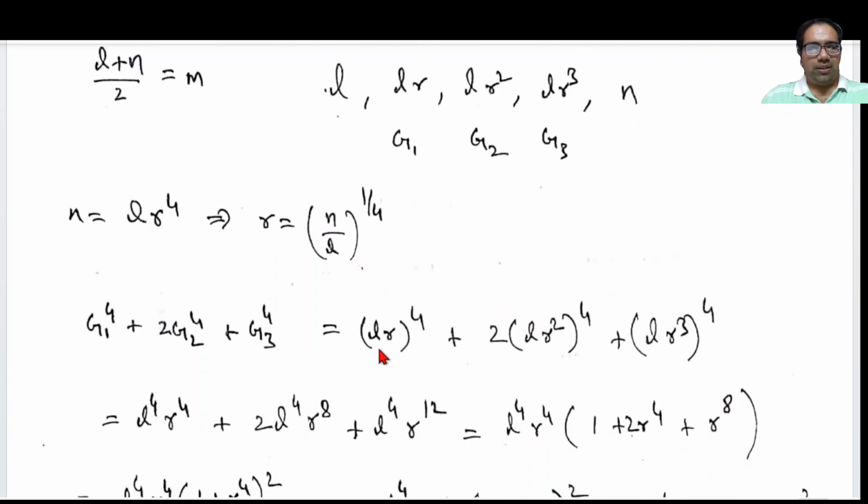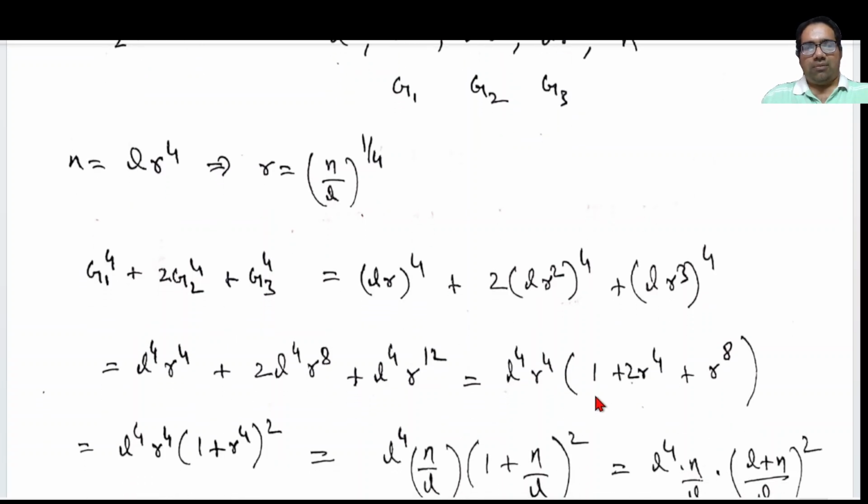We can simply simplify this. This becomes L power 4 R power 4, 2 times L power 4 R power 8, and L power 4 R power 12. If we take L power 4 R power 4 common from this expression, it becomes 1 plus 2 times R power 4, because there is R power 8. If we take R power 4, there will be one more R power 4, and here the R power 8 will be left.